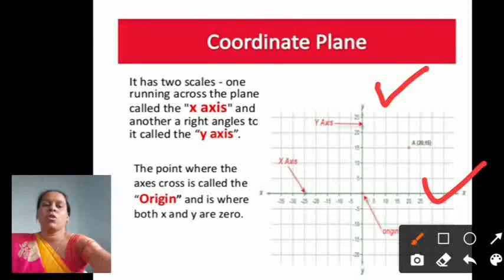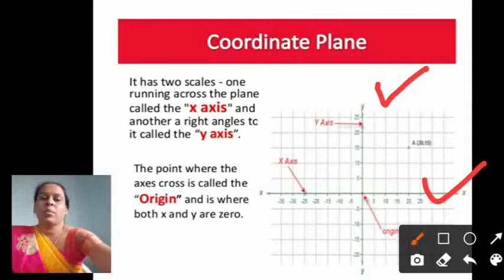The intersection of both the axes is called the origin, and both the lines intersect each other at right angles. The coordinates of origin are 0, 0.